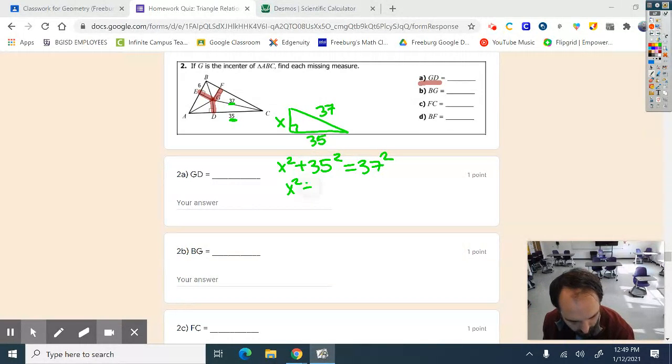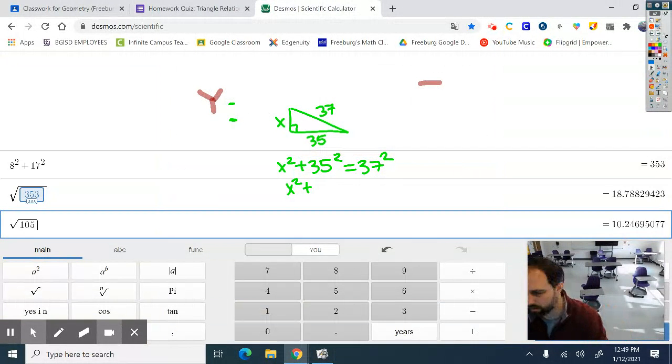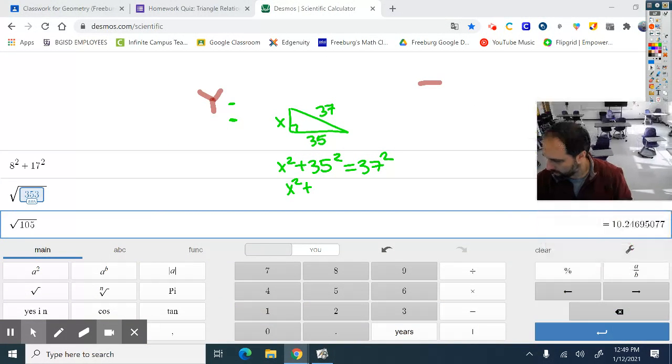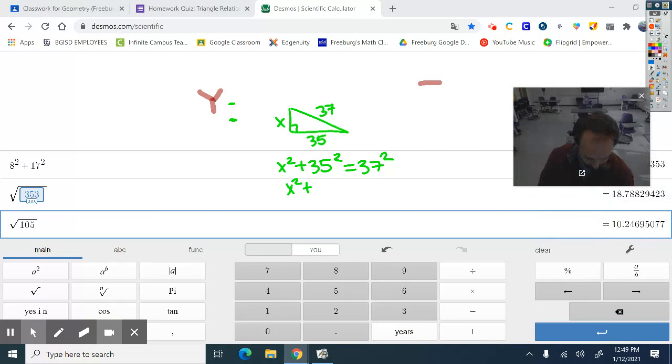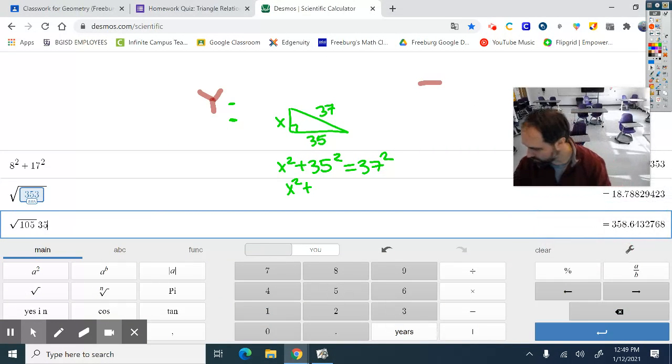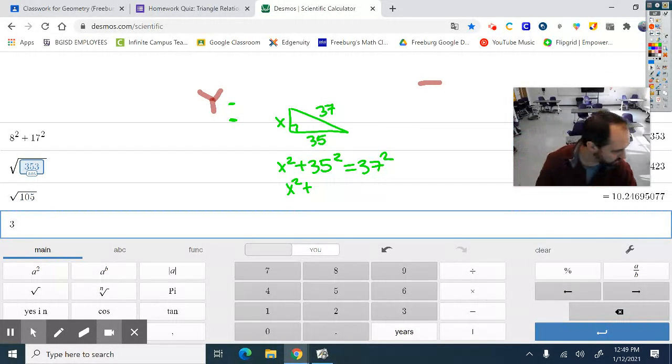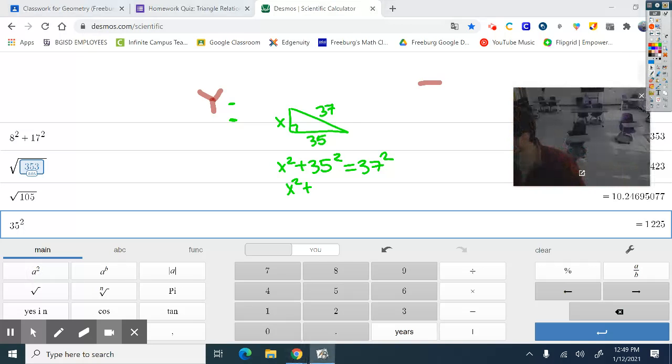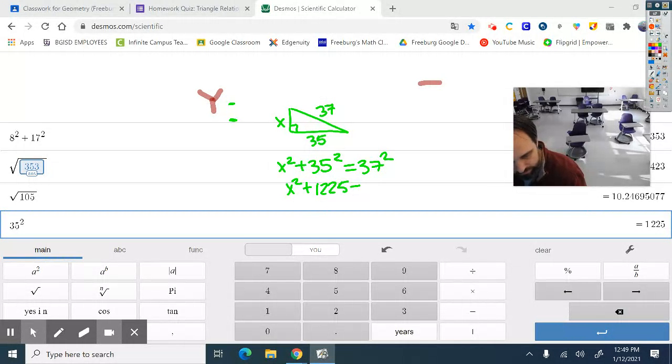X squared plus, let's jump back to Desmos. Okay, so we've got 35 squared is 1225.